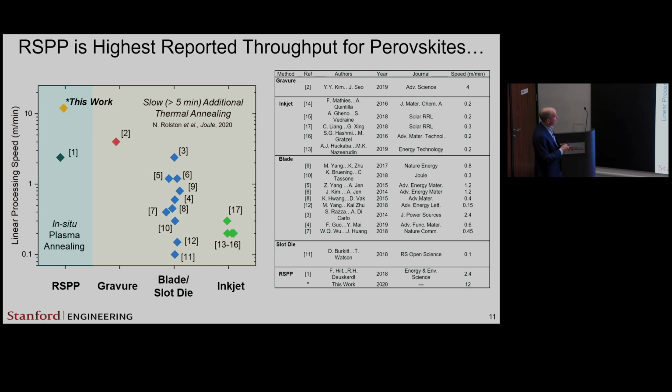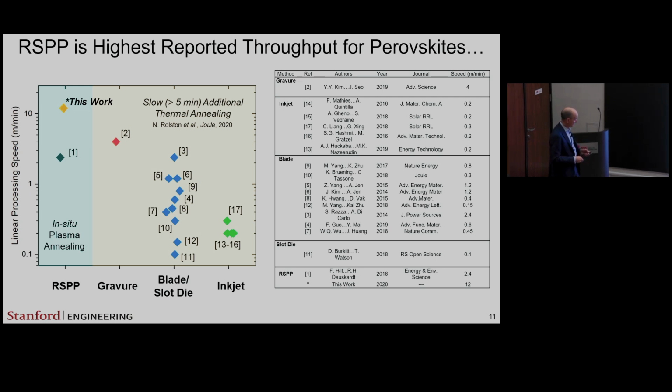And so here we are, this is from a publication a couple of years ago, and this is comparing our work at over 10 meters per minute production compared to everything else that we could find in the literature, and even speaking to some startups. So we can go really fast. Again, it's because of the ability to both deposit and cure very rapidly.